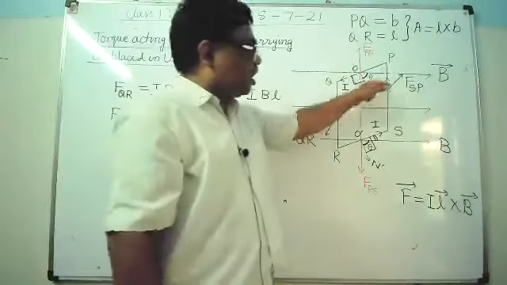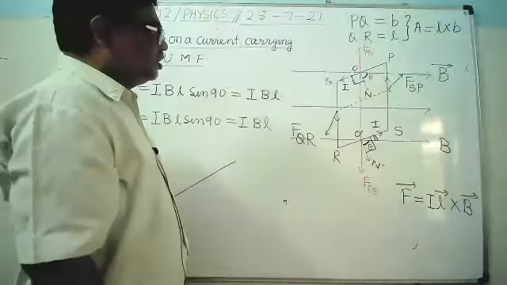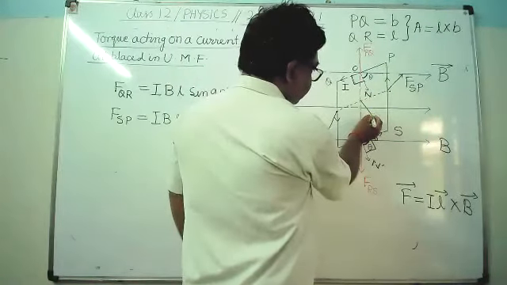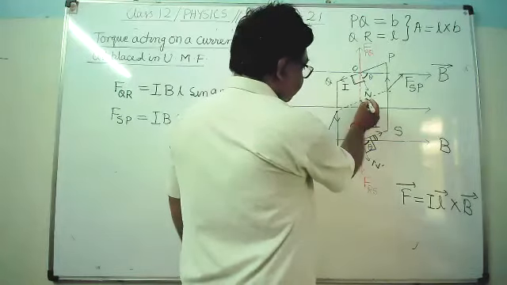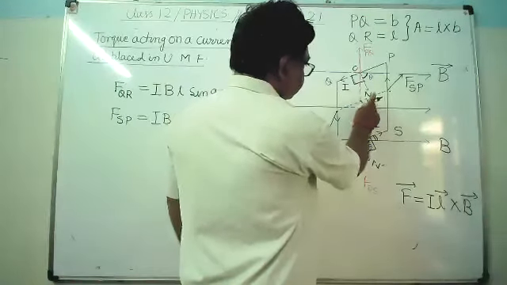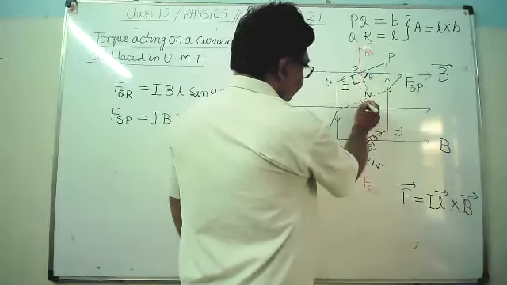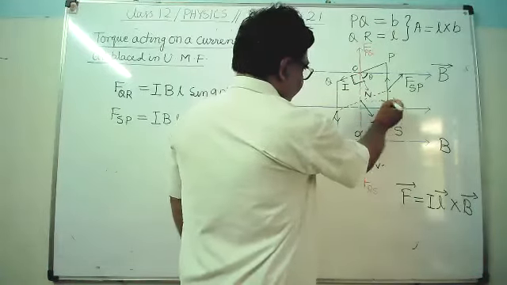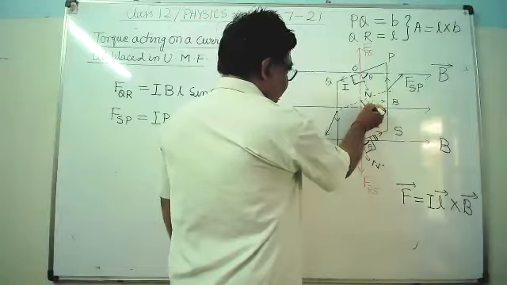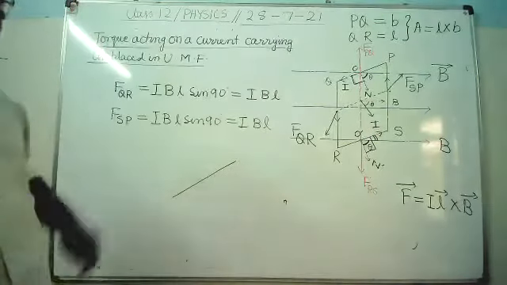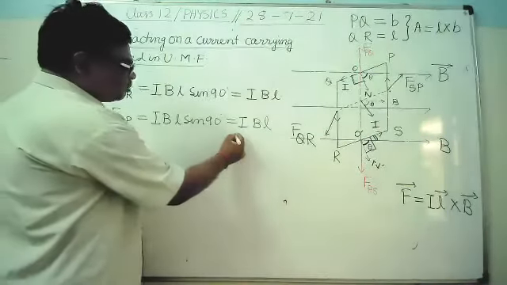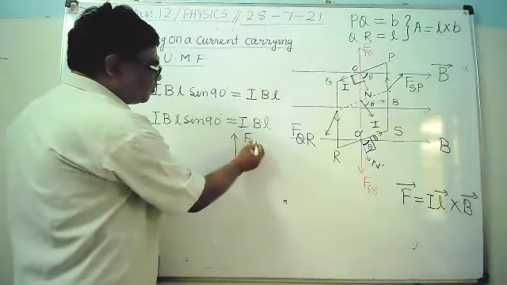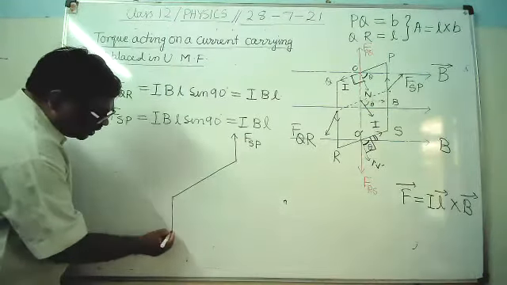This line is in the plane of coil, which means if you draw the normal on this line, it makes an angle theta this way with the magnetic field direction.